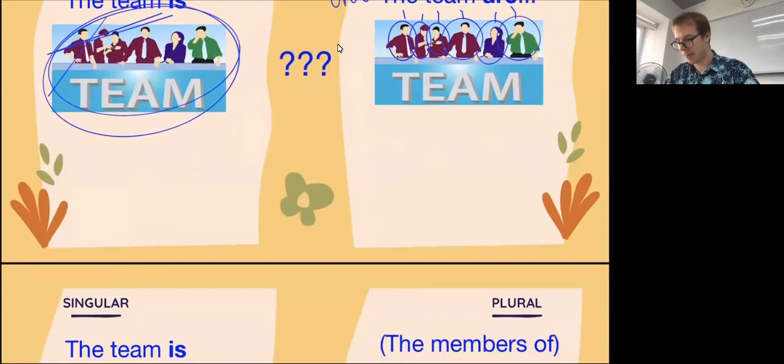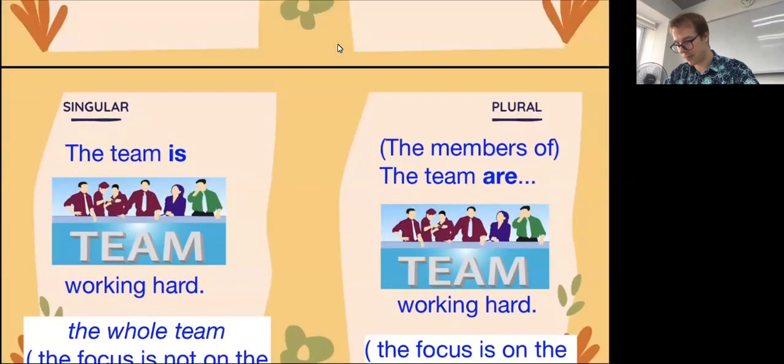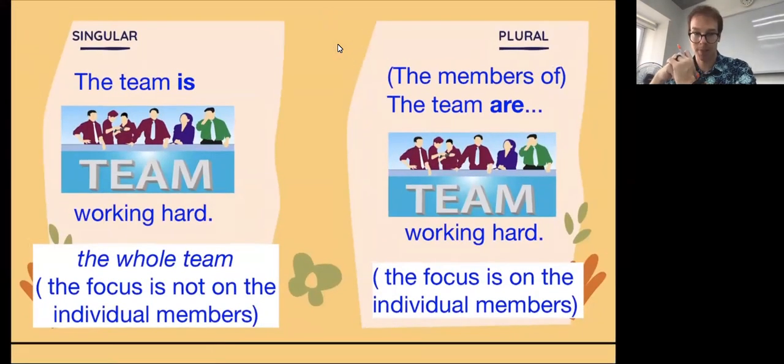So let's see these in an example. I said the team's working hard. The team is working hard. Again, my emphasis is the whole group, everyone. Everyone is working hard. But I could also say the team are working hard.